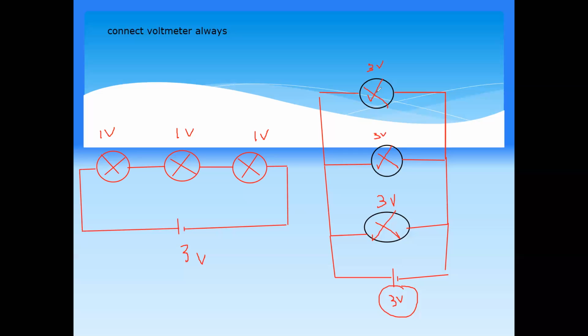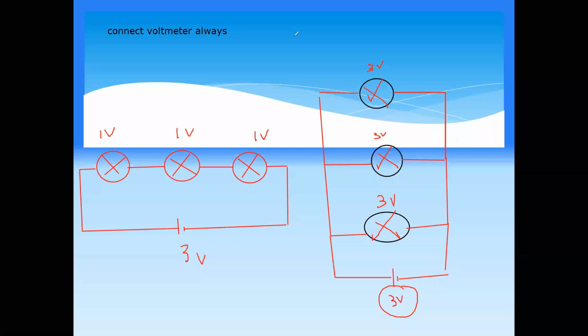Which circuits are useful? Parallel circuits are useful, and there's another advantage also. In a series circuit, if one component is faulty, the whole circuit will stop working.